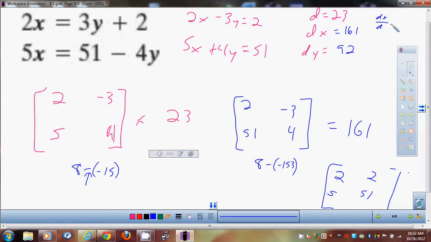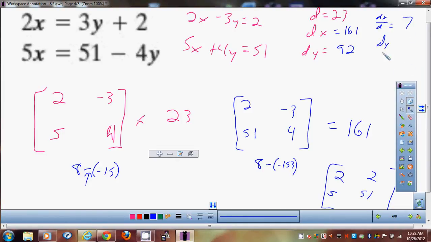Dx over d is going to give us what? What's 161 over 23, somebody? Thank you. I'm glad you're back. And dy over d, 92 over 23. So my ordered pair is 7, 4, and I'm solved.